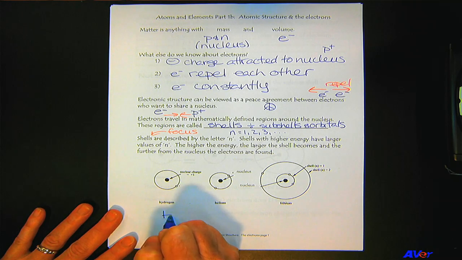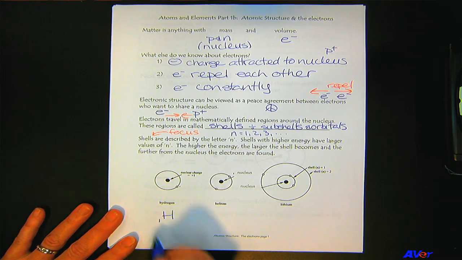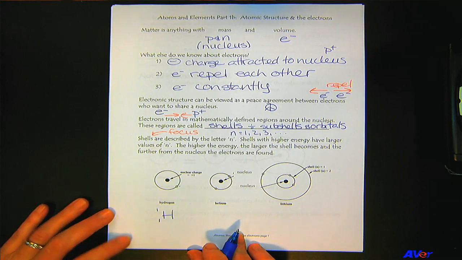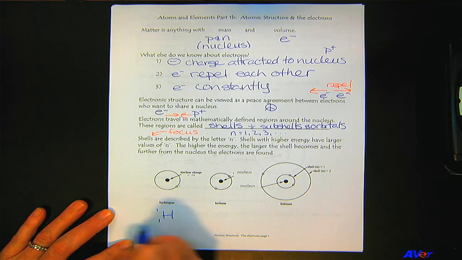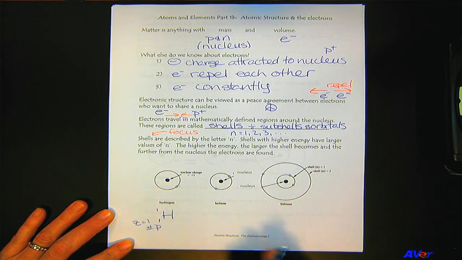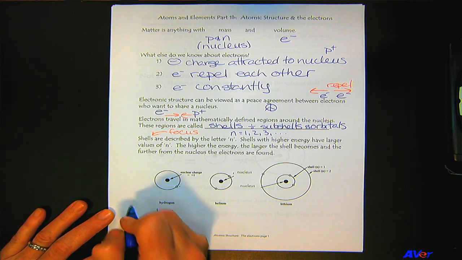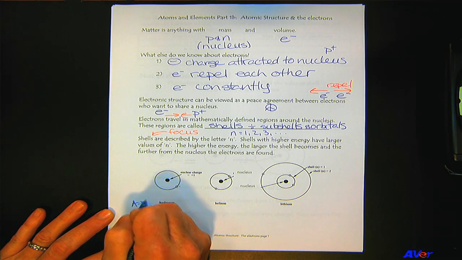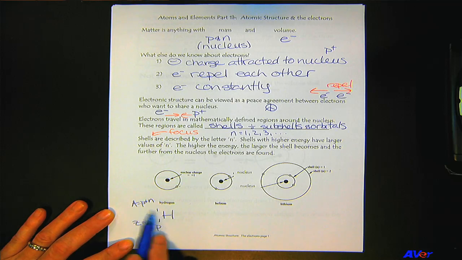So here we have hydrogen, with its one proton, and it has no neutrons. So remember down here, that's Z equals 1, the number of protons. That's called, you should know it, atomic number. And then up here, we have the mass number. You should know that too. We only have one proton, and so there's no neutrons to add.